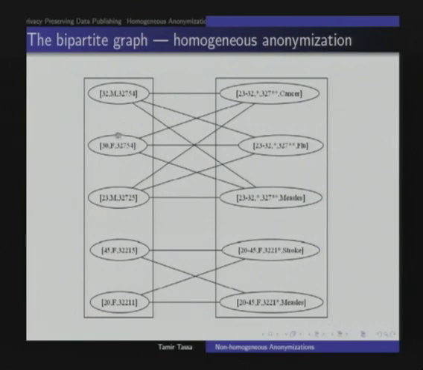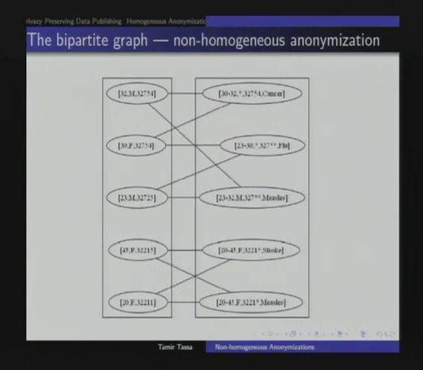So if the adversary wants to trace the record of the female of age 30 in that zip code, he will not be able to know whether this or this is her record. Now, let's consider the graph that corresponds to the second anonymization which I proposed.